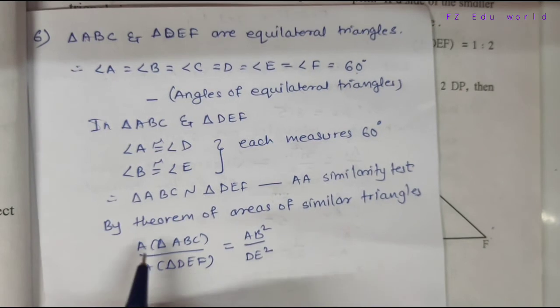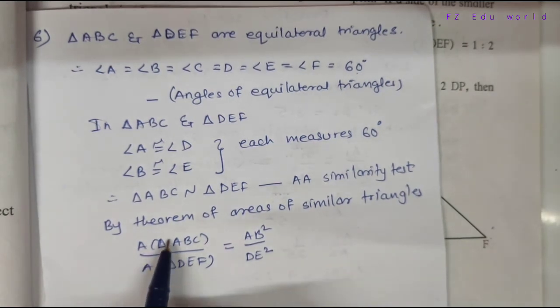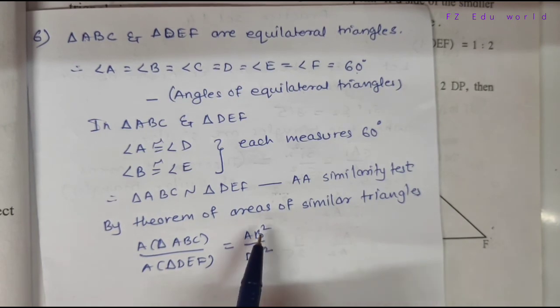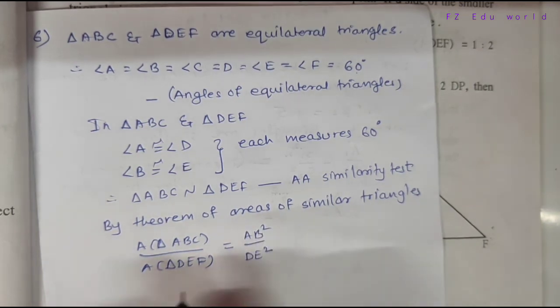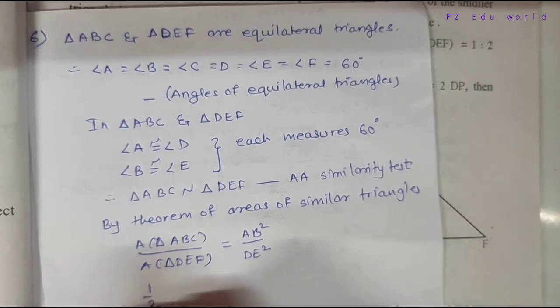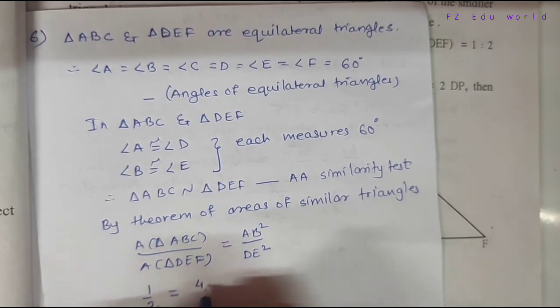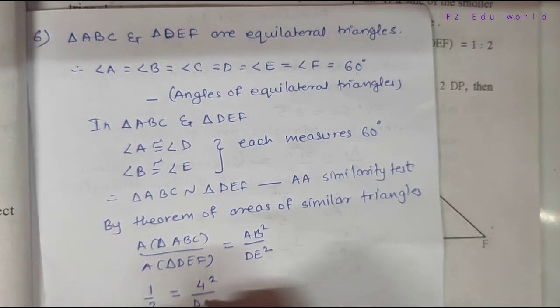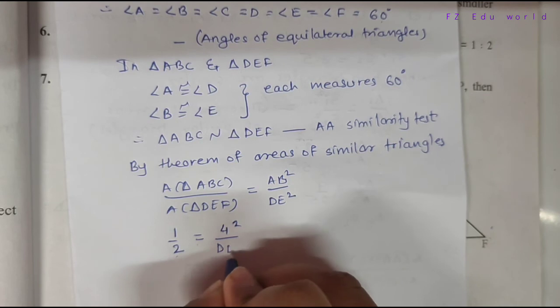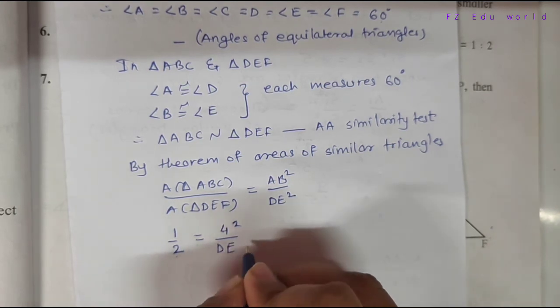And it is given that this ratio is equal to 1:2 and AB is given 4. So we will write 1:2 is equal to 4 square upon DE square.